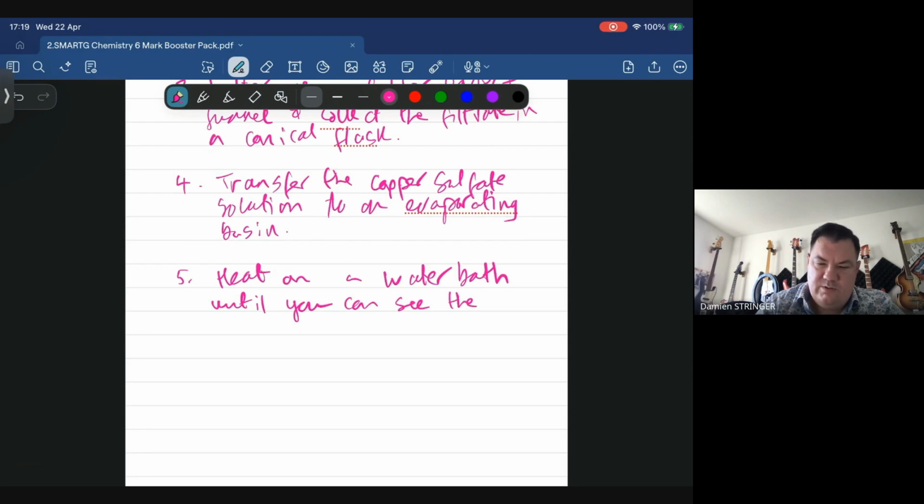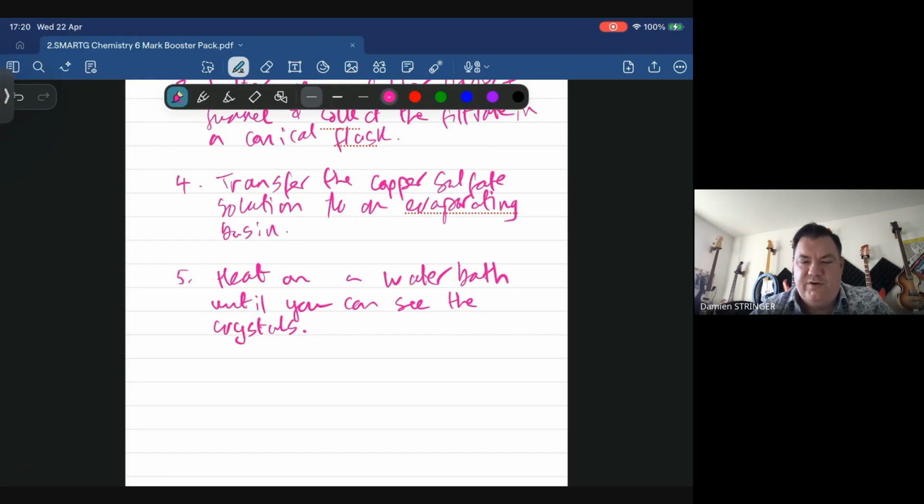Now, Amina, you should be an expert on this. Do you know why? Because the other day when we talked about this, we said if you heat up copper sulfate really strongly, all the water that is attached to the copper sulfate will go as well. You'll end up with a white powder of anhydrous copper sulfate.